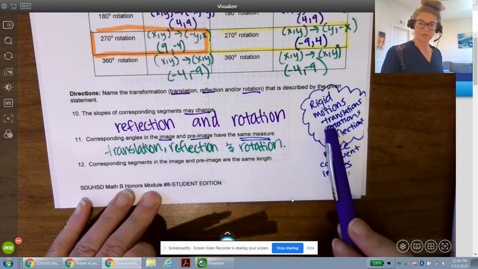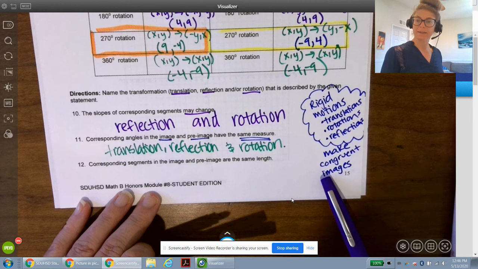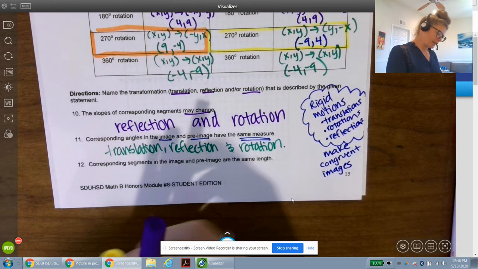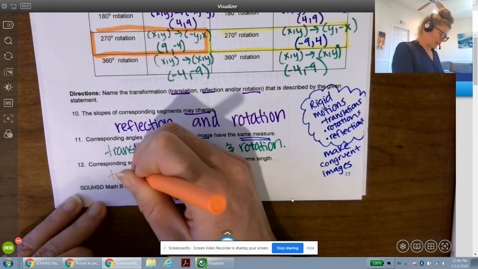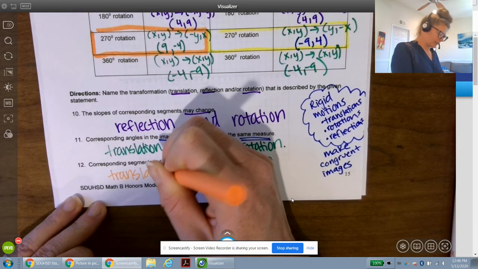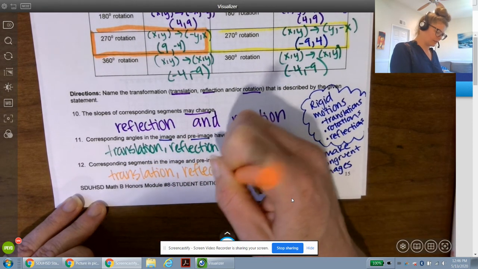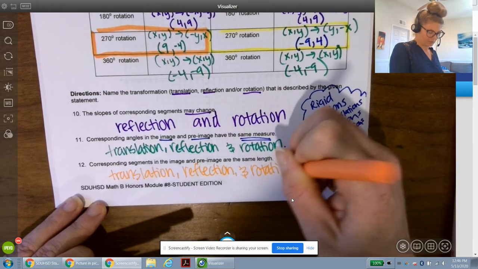Rigid motions, translations, rotations, and reflections make congruent images. Congruent images have equal length sides and equal measure angles. So it's all three of them again, the trifecta: translation, reflection, and rotation.